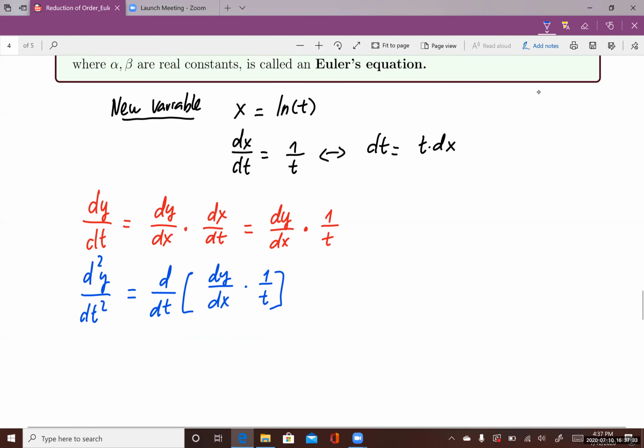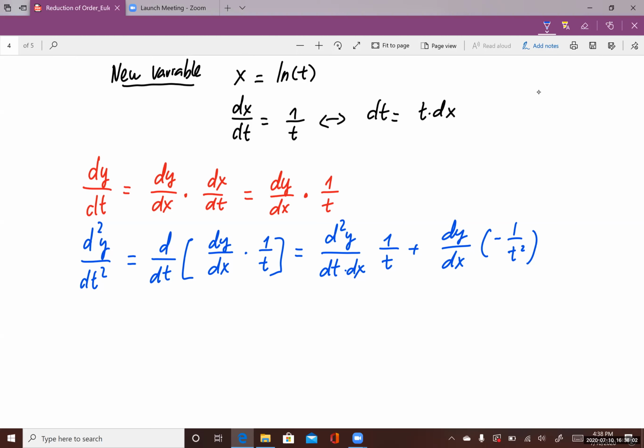At this point, we're going to use the product rule to find this derivative. So we'll have d squared y dt dx, multiplied by 1 over t, plus dy dx multiplied by negative 1 over t squared.